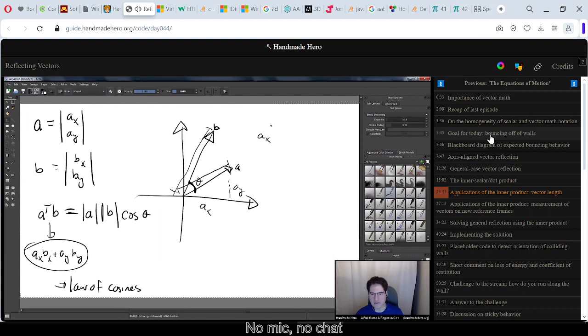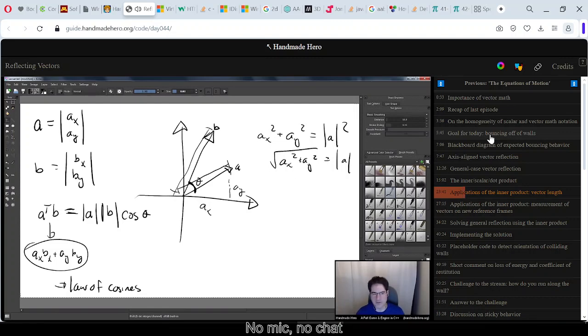We could do AX squared plus AY squared equals the length of A squared. So we would take the root: the root of AX squared plus AY squared equals the length of A. That is one way to compute the length of A.